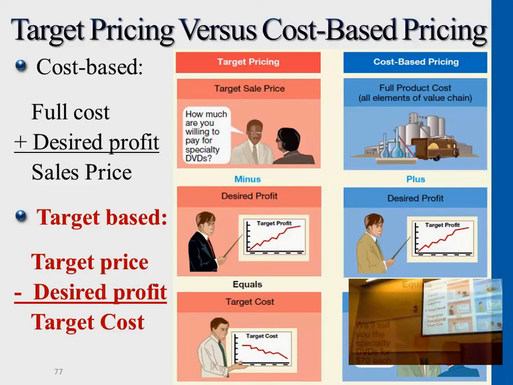Is the target price the average price or the highest price? In other words, if they did a field study and the majority of the customers would pay $6, and you do have some customers that would pay $10, which price would they go with? This target sales price most likely will go with the majority price.